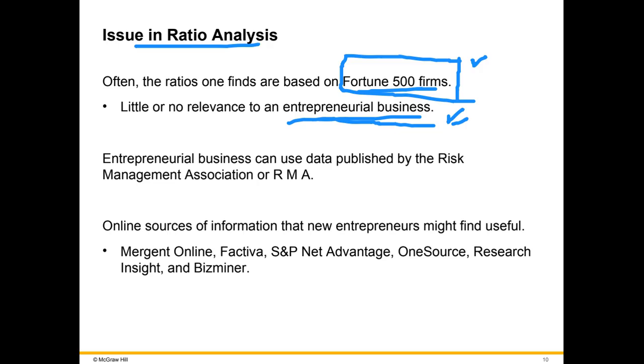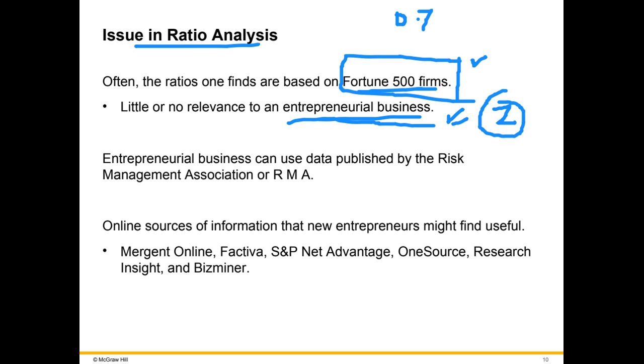For Fortune 500 businesses, a ratio of say 0.7 is even good. But for our newly established business, we would probably need 2 times current assets, because our suppliers do not have trust in us, and there are other unforeseen expenses being incurred.